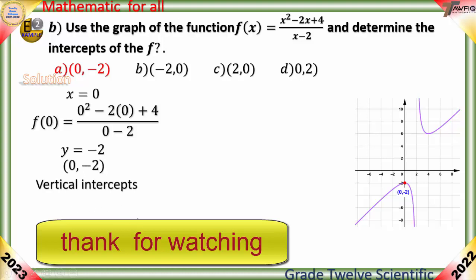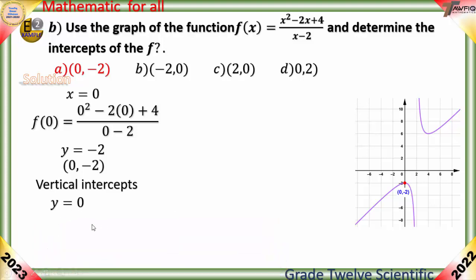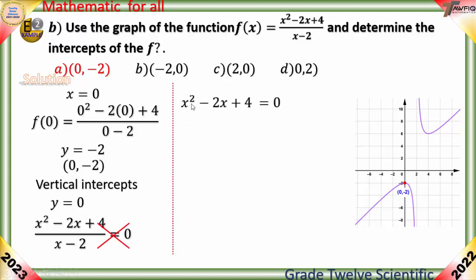To find the horizontal intercepts, let y, f of x, be equal to 0 and take the fraction x squared minus 2x plus 4 over x minus 2 equal to 0. By cross multiplication, you can see x squared minus 2x plus 4 is equal to 0.